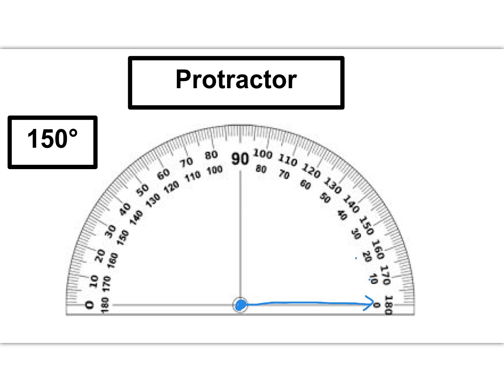So we have 10, 20, 30, 40, 50, 60, 70, 80, 90, 100, 110, 120, 130, 140, 150. So that means my arrow needs to point at the 150, and it is going that way. So that angle is 150 degrees. Now again, if I was going the other way, you can always go the other way.